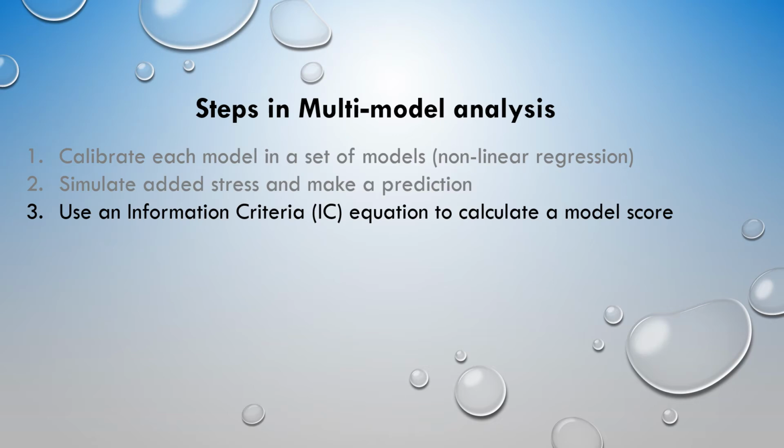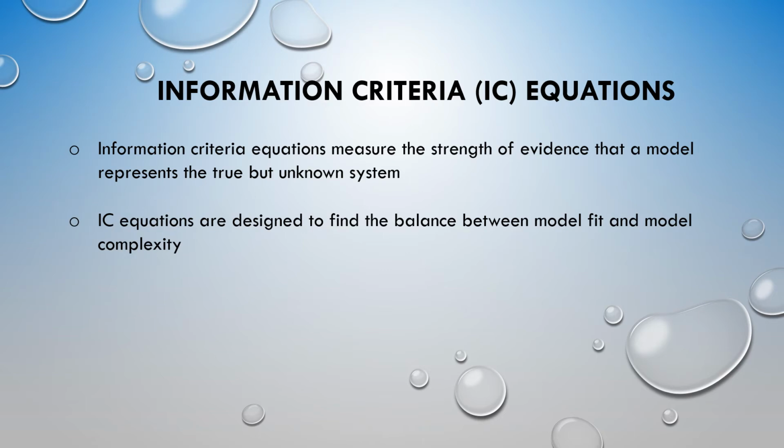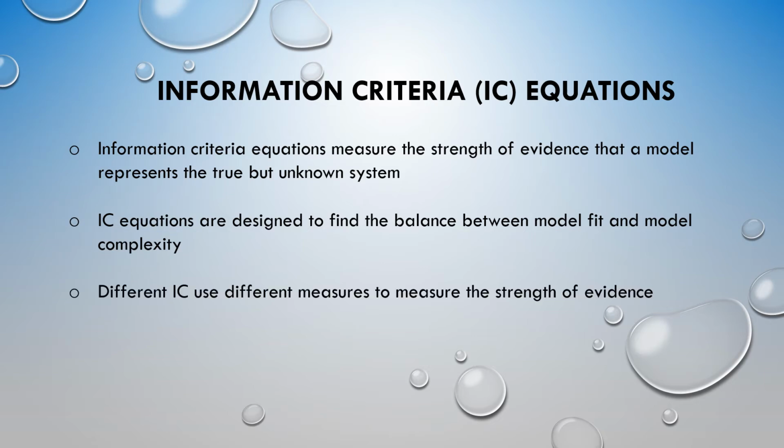In this next step, we use an information criteria equation to calculate a model score for each model. Information criteria equations measure the strength of evidence that a model represents the true but unknown system. These equations are designed to find the balance between model fit and model complexity.